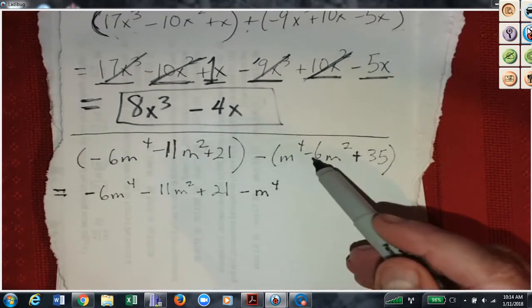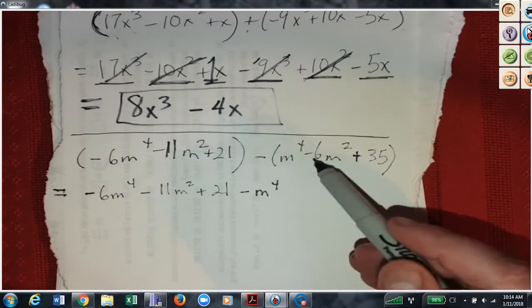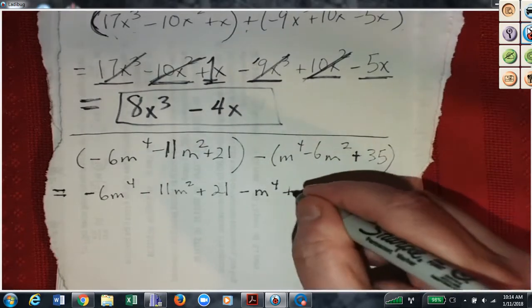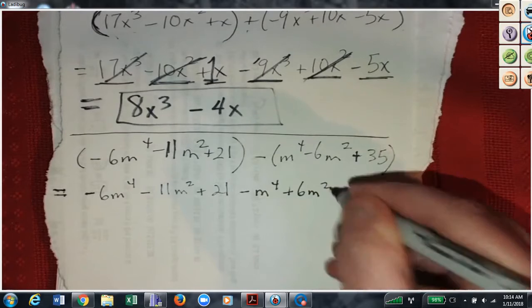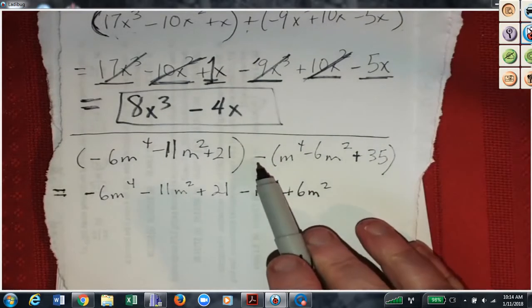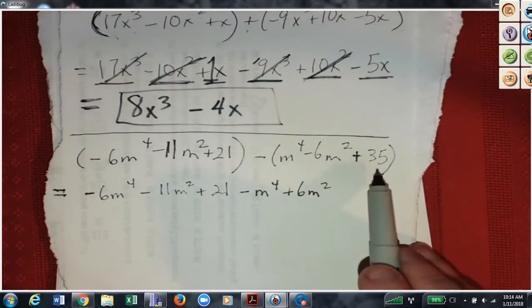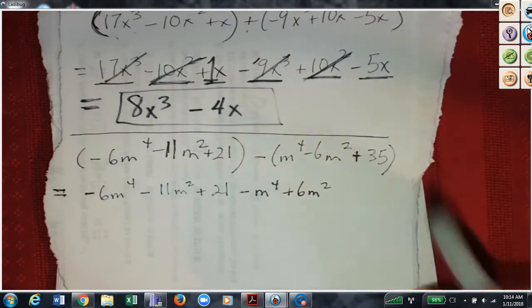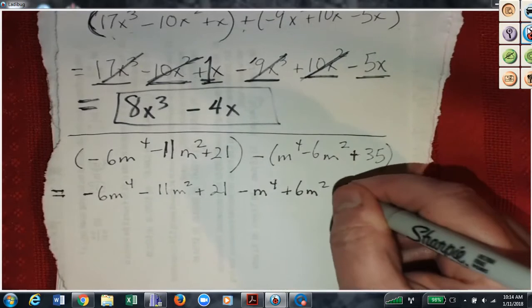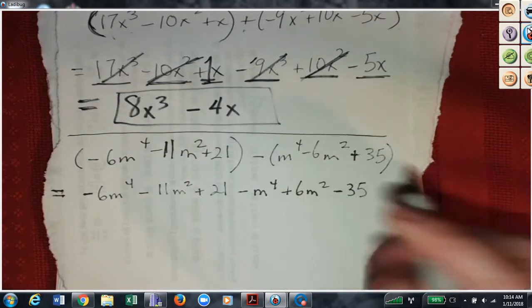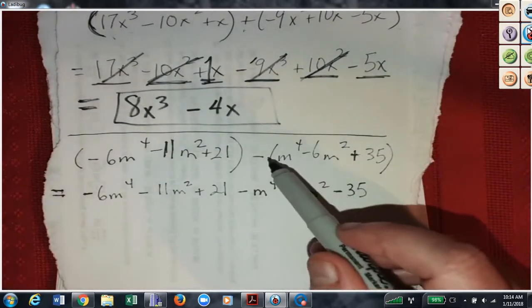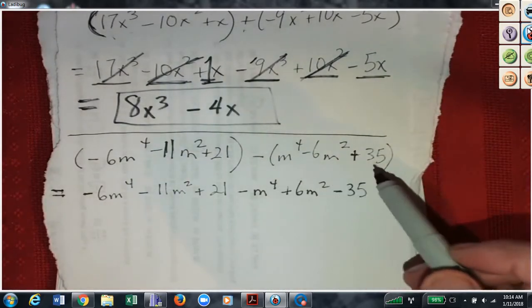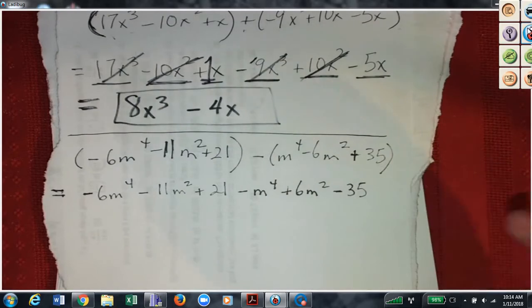Two negative symbols cancel each other. So I have minus negative 6, which is plus 6, and then the m squared is just coming along for the ride. And then finally, I have to apply the minus sign to 35, so I get negative 35. That's called the distributive property, where something outside a set of parentheses has to be applied to everything inside, has to be distributed.